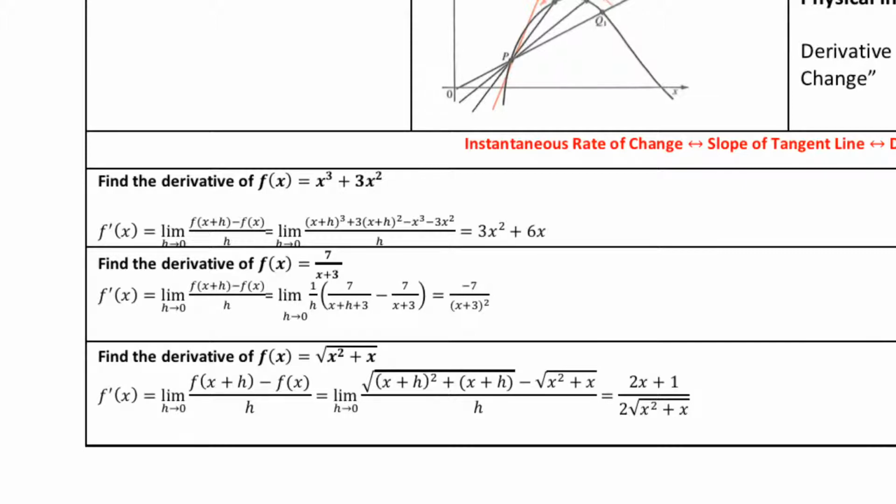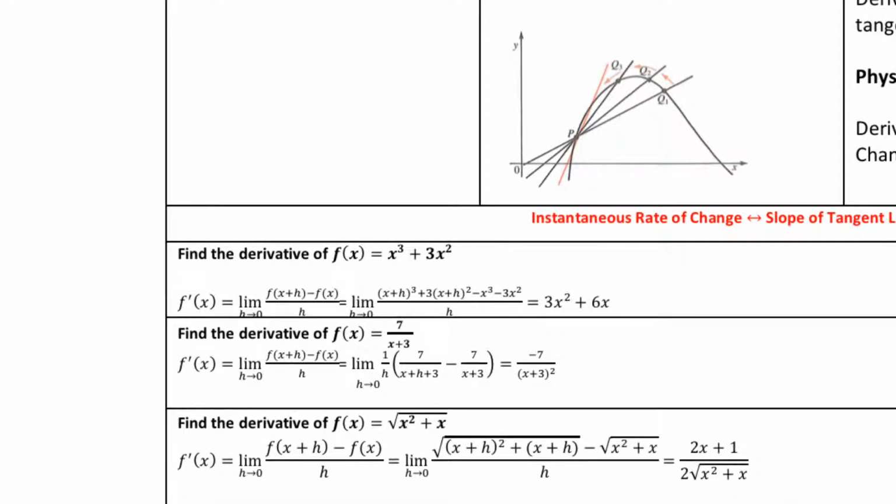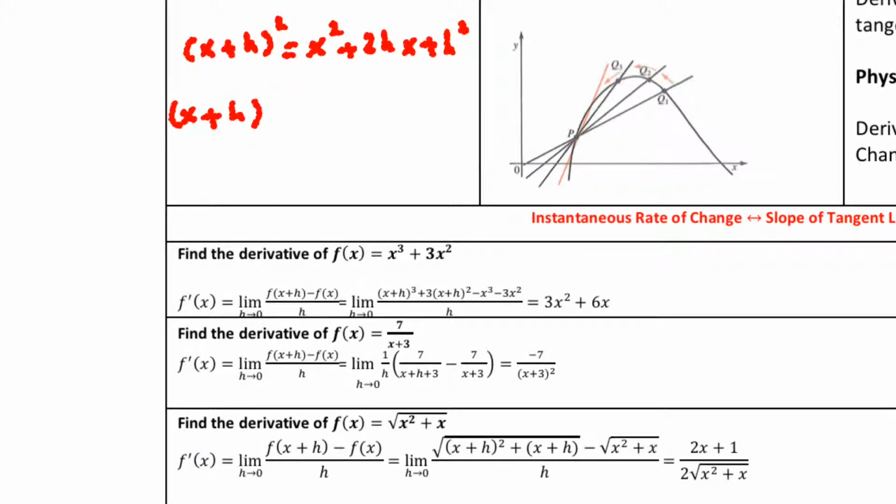We know (x plus h)^2 is x^2 plus 2hx plus h^2, and (x plus h)^3 is x^3 plus 3x^2h plus 3xh^2 plus h^3.